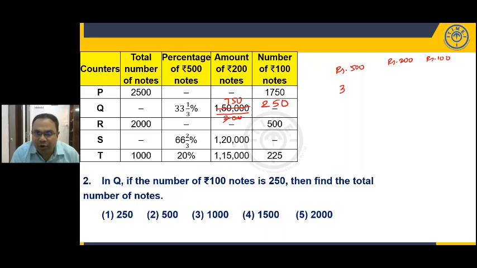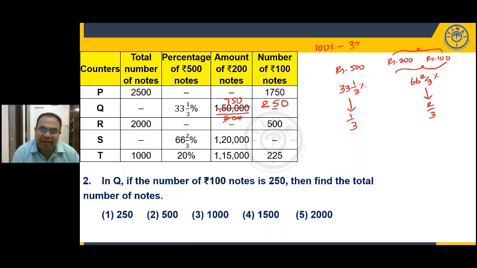Now, 500 rupee notes are 33 1 by 3%. These two should be 66 2 by 3%. 66 2 by 3% is 2 by 3. If 1/3 are 500 rupee notes, the remaining 200 and 100 rupee notes should be 2/3 because the total should be 100%.